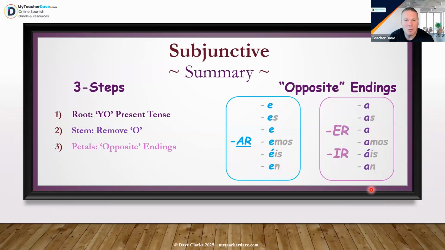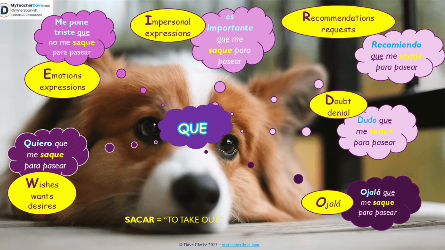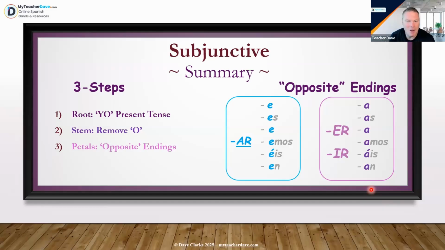That's it, guys. Well done. I'm delighted that you've got through this now. If you are following the series, this is your second video. So you've seen all of the uses, which I did say was definitely the most work of this topic. You've seen now how to form the present tense of all regular verbs.